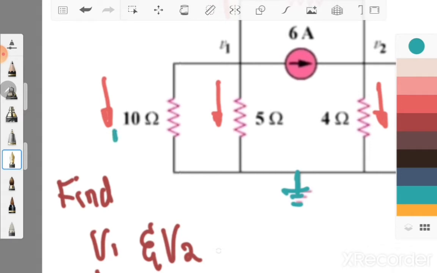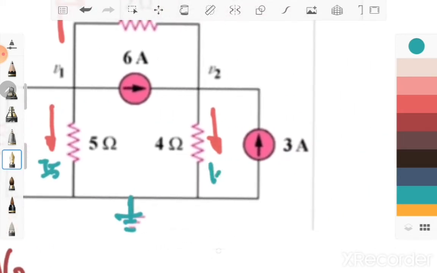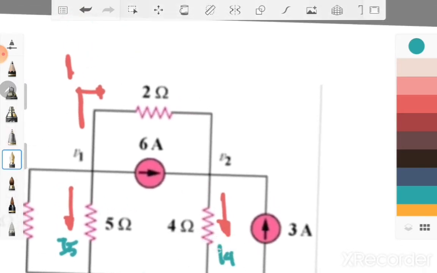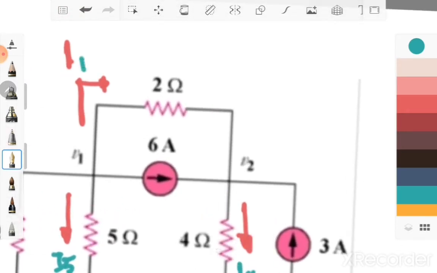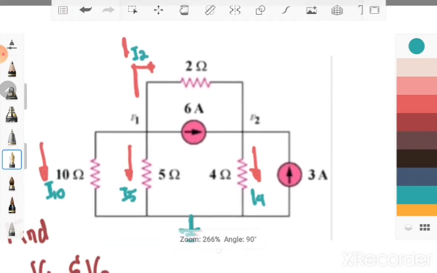So, we have I10, I5, I4, I2. Bakit I2, I5, I4, I10? Pwedeng I1, I2, I3, I4.